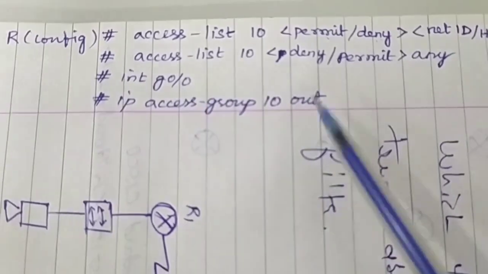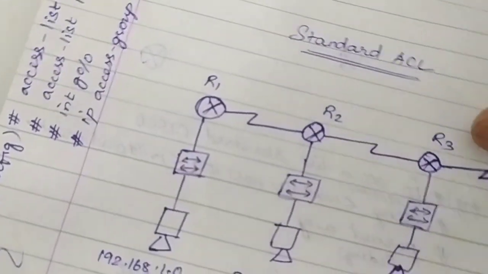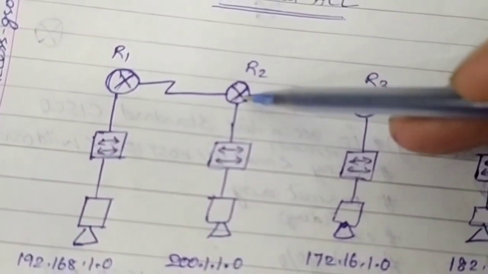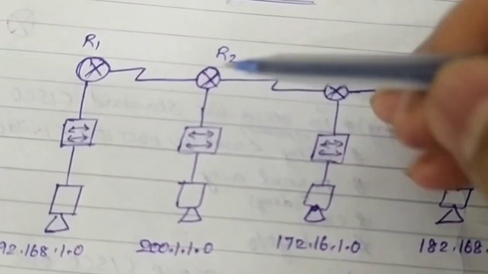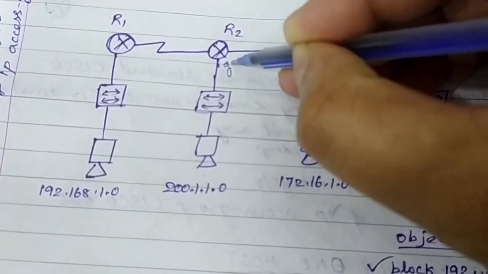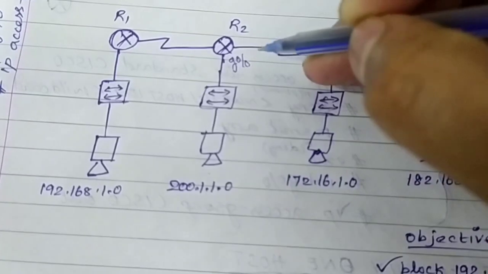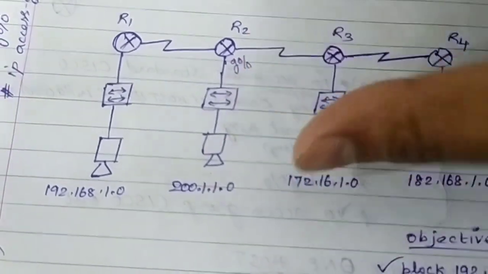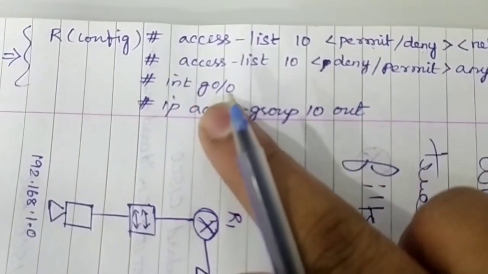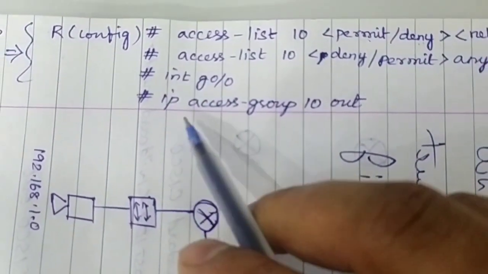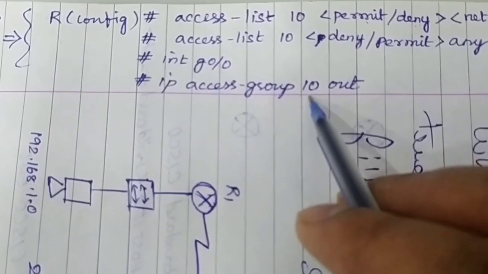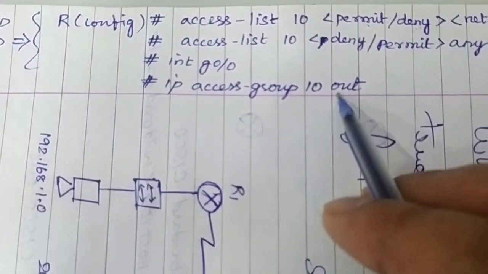For example, here in the first case I am doing it on R2, and this interface number is G0/0, so that value you have to take here: interface G0/0, then ip access-group, space, that access list number, 10, space out.